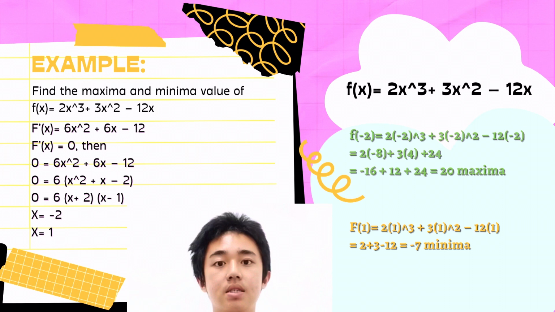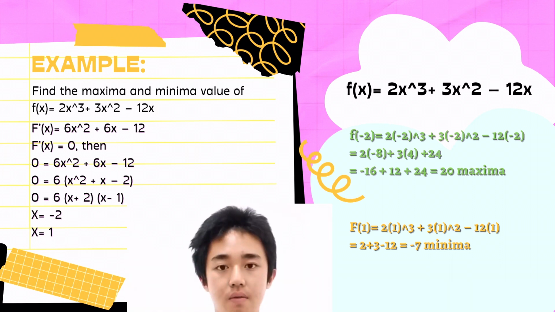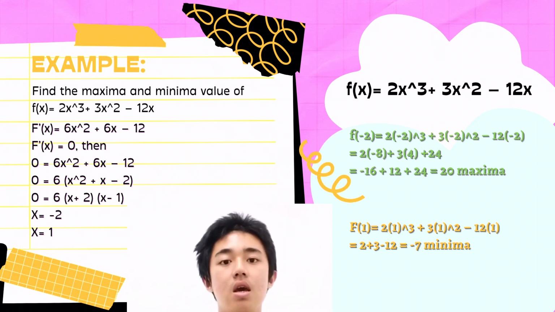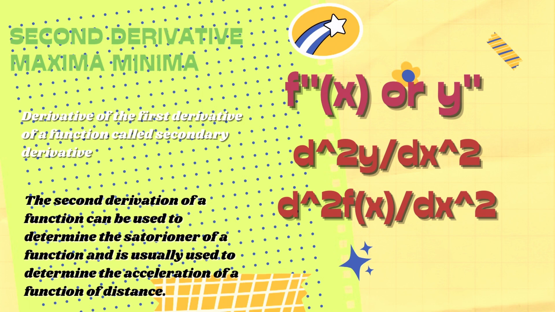It gives us negative 16 plus 12 plus 24. The total is 20, so it is bigger than 0. That means it is maxima, and this is the value. And f of 1: 2 times 1 cubed plus 3 times 1 squared minus 12 times 1 is 2 plus 3 minus 12. It is negative 7, and this means it is minima.